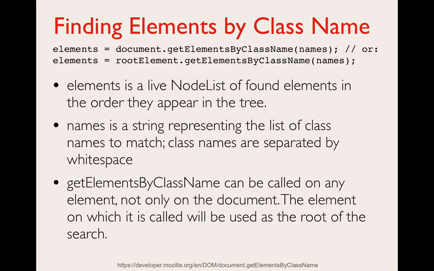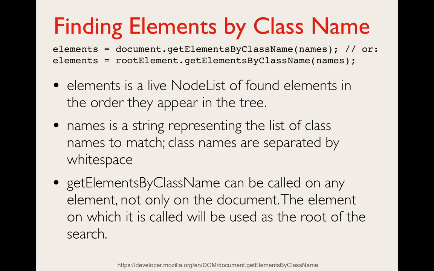One option that's rather new, just to be honest, is getElementsByClassName. And unlike IDs, which there's only one per document, getElementsByClassName is plural. And you can also put in more than one class to look for. The elements that are returned are a node list of found elements in the order that they appear in the tree.